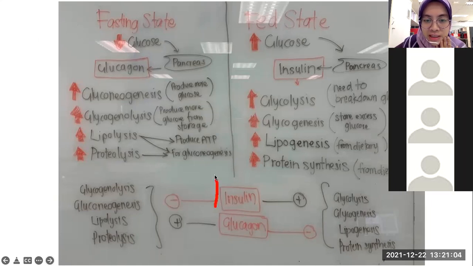If you have high insulin concentration, does it indicate high glucose or low glucose? Low glucose, doctor. Low glucose? What causes insulin to increase? Go back to this diagram. High glucose triggers the secretion of insulin.